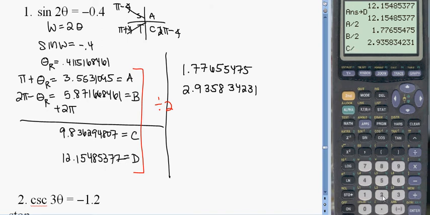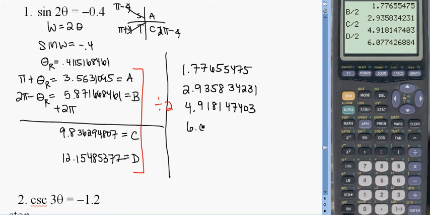C divided by 2 is 4.918147403. And D divided by 2 is 6.0774268884. And it's always a good idea to make sure that all of our angles that we found are less than 2 pi, which is 6.28, which is true. So those are our answers.